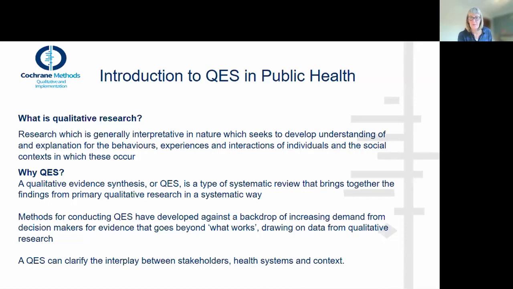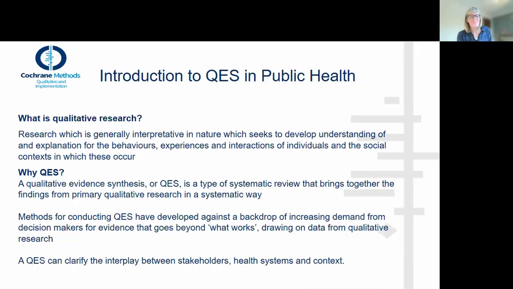Well, it's a type of systematic review that brings together the findings from primary qualitative research in a systematic way. And the community today hopefully needs no convincing of the importance of evidence synthesis. I'm hopefully speaking to the converted here.